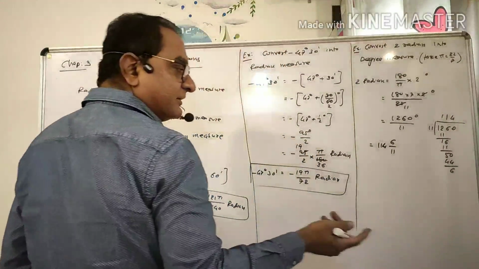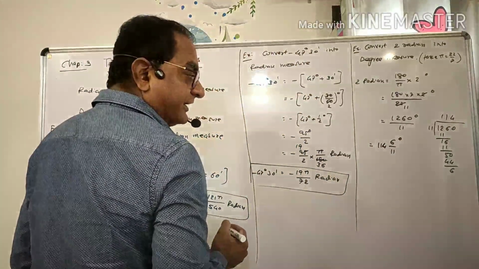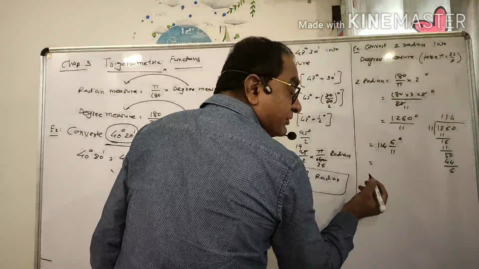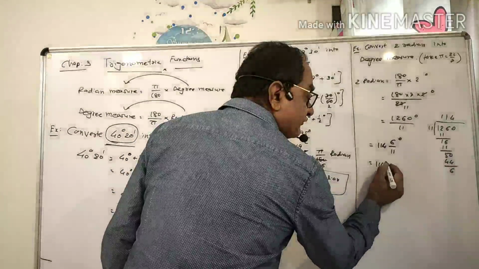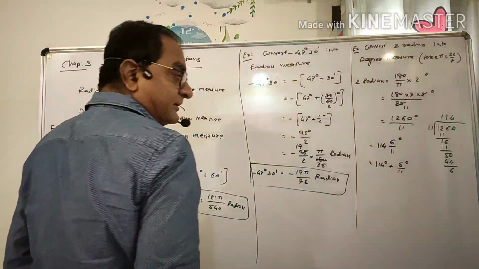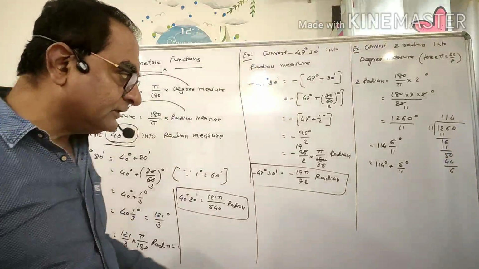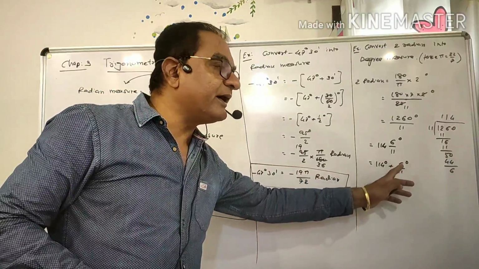So it's 114 6 by 11 degree. Still, it will be written like this: 114 degree plus 6 by 11 degree. Yes, it's an integer part and it's a fraction part. Now here 114 plus 6 by 11 degrees.